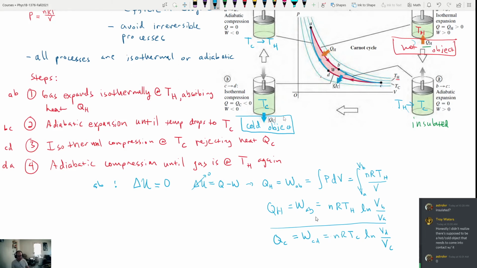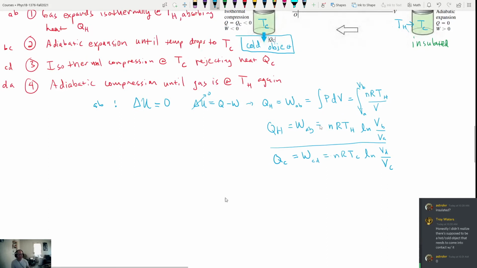We can make it negative by doing this. If we flip the log, then we can multiply by a negative sign like that. Is everyone okay with that? All I've done is flip VD and VC.